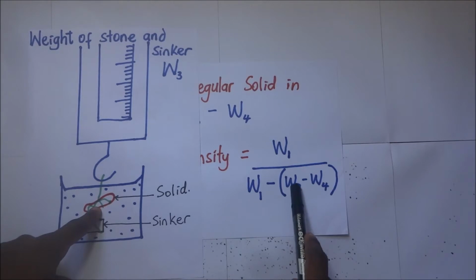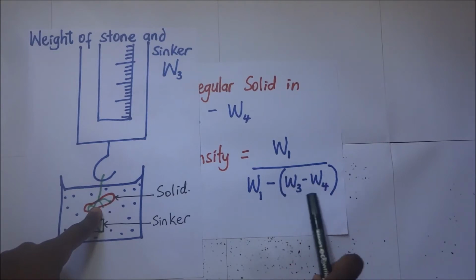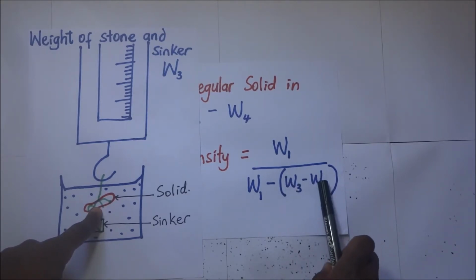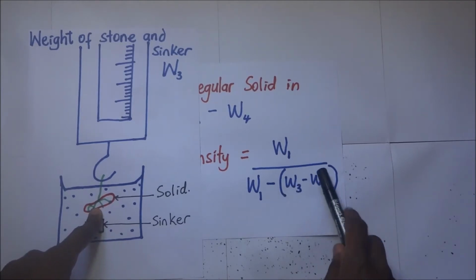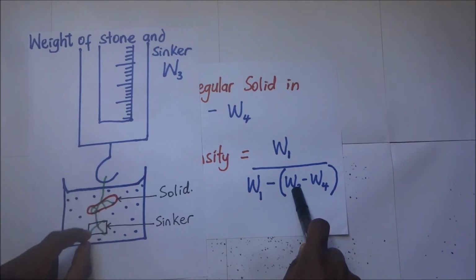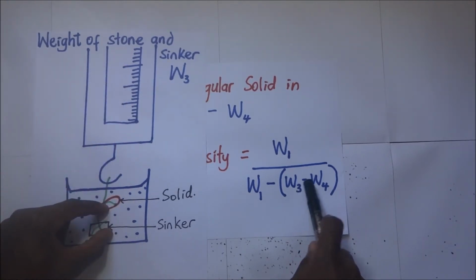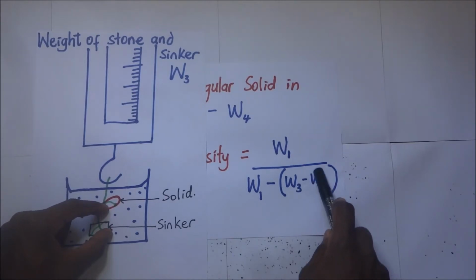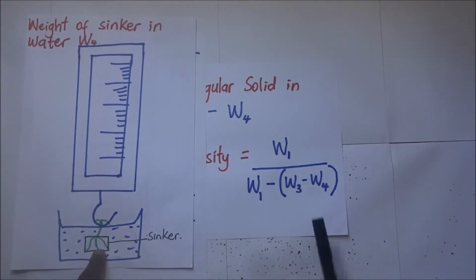So what does that mean? It means we need the weight of the solid in air minus the weight of that irregular solid in water. To get the weight of the solid in water, we first get the weight of the combination, which is W3, the weight of the solid and the sinker in water, minus the weight when the sinker is in water alone, which is W4.